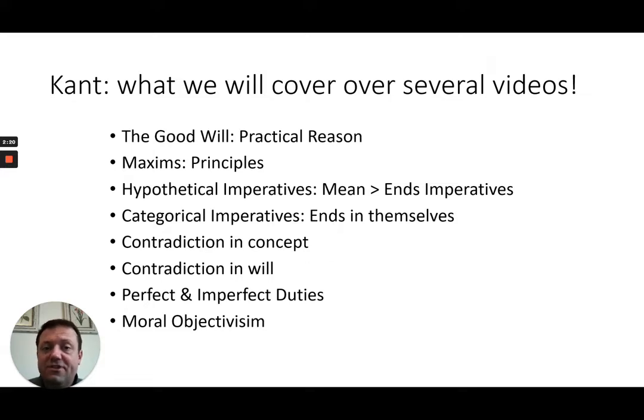You could certainly use it as a synoptic point. So to summarise, the good will, maxims, hypothetical imperatives, which are means to ends imperatives, categorical imperatives, which are ends in themselves, contradiction in concept, contradiction in will, perfect and imperfect duties, and moral objectivism. And you need to know what all of these are and how to explain them.